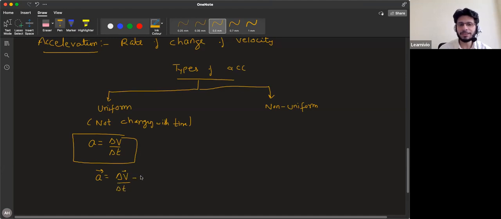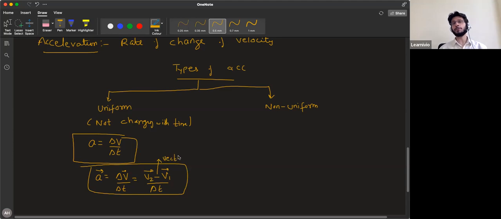Change in velocity is final velocity minus initial velocity divided by time interval. So the subtraction here is a vector subtraction. To do the subtraction, you have to use the triangle law, the parallelogram law of subtraction that we did. SI unit is meter per second square.